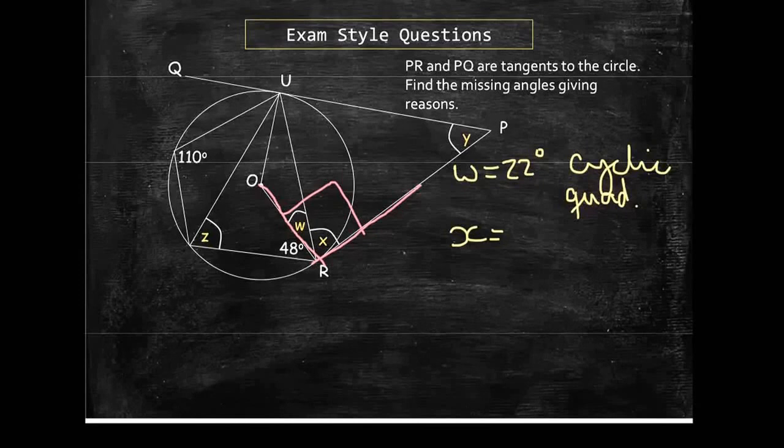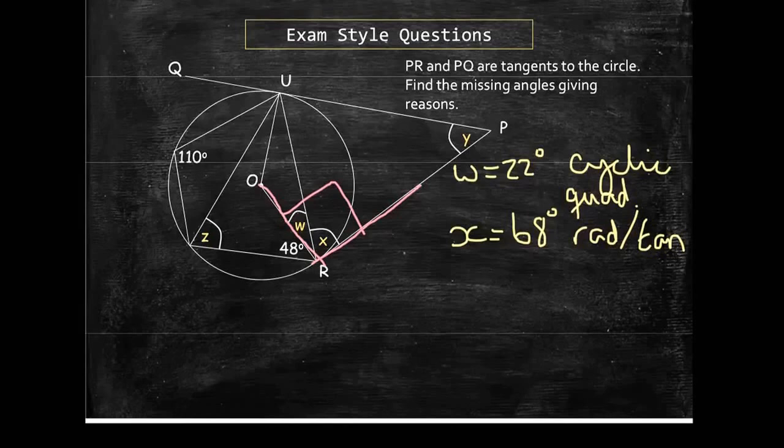That must mean that X has got to be 68 degrees. Reason, we've got a radius and a tangent. Again, I'm putting these down as shorthand. I want you to write these out properly in an exam situation. So you would say that a radius and a tangent meet at 90 degrees.